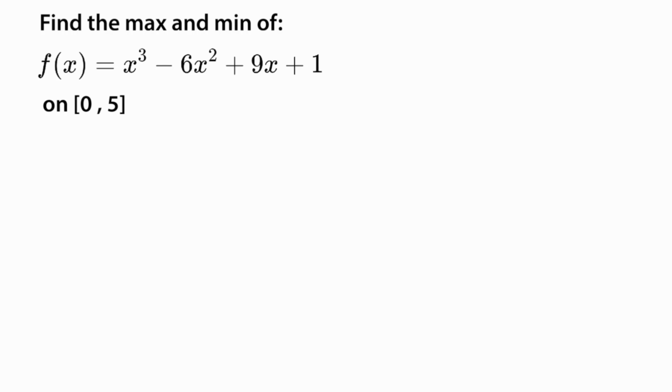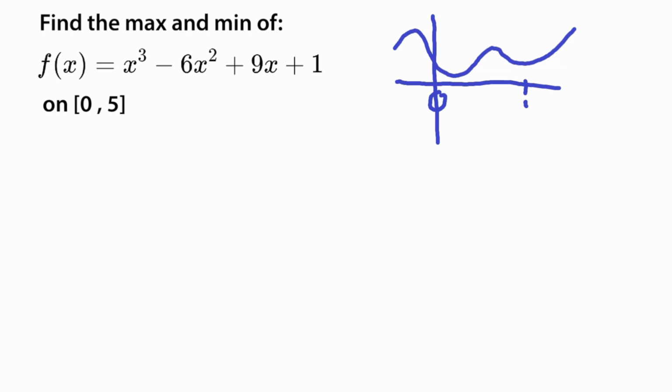Well, let's ask, what is it asking us to do? Let me try to draw this out. We have a function here, right? This function moves somehow. This is not how the function looks; I'm just drawing a fake function here. And then on the interval of x equals 0 to 5, in this interval here, we want to find the maximum, so what the highest value of the function is, the highest y value.